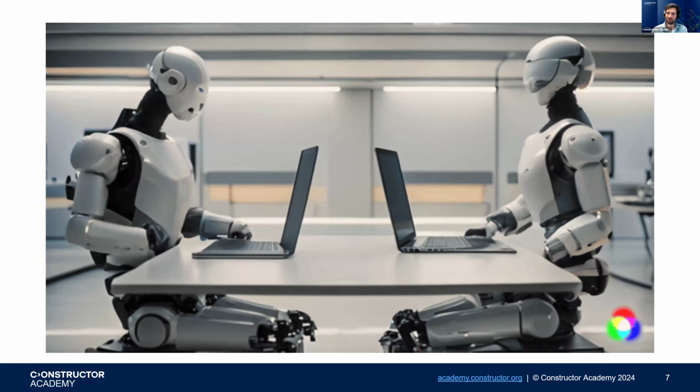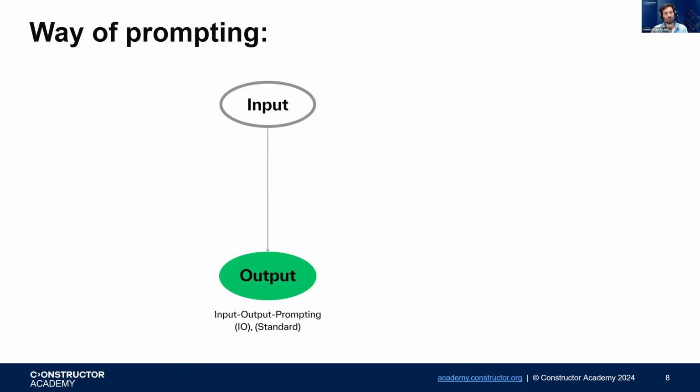Are you ready? Go. Okay, so far we saw a classical type of prompting. So we have an input and we have an output. So we saw persona, so we were giving a role to the model, but there are also other ways. So we saw also positive prompting, negative prompting, few shots.